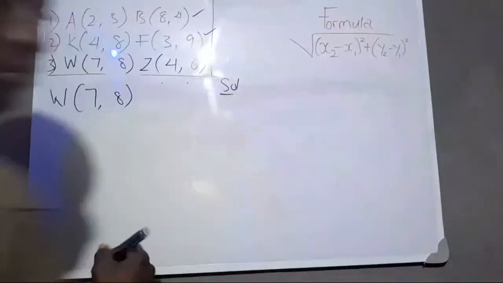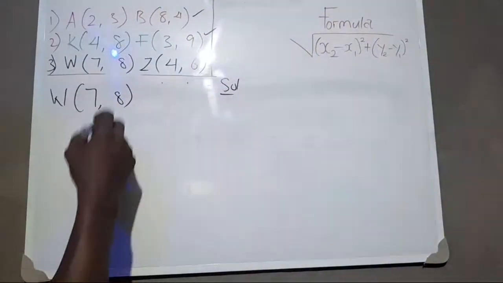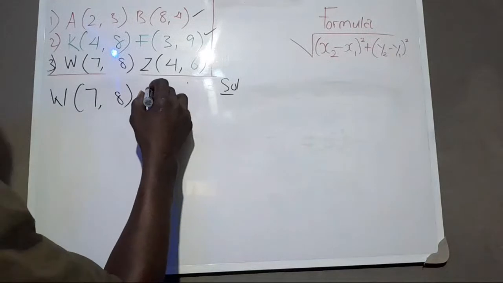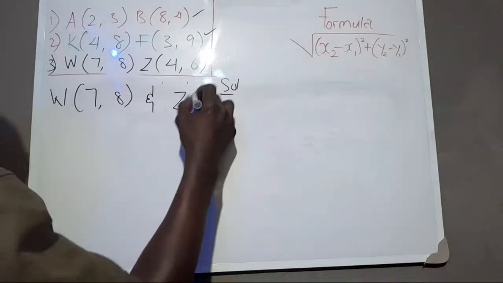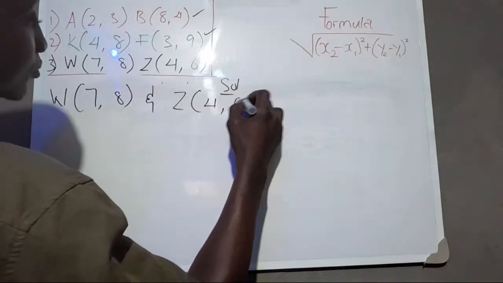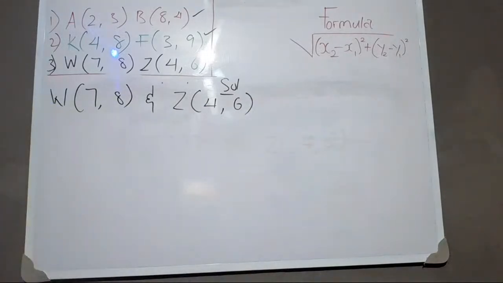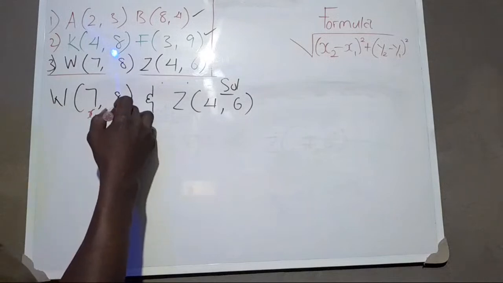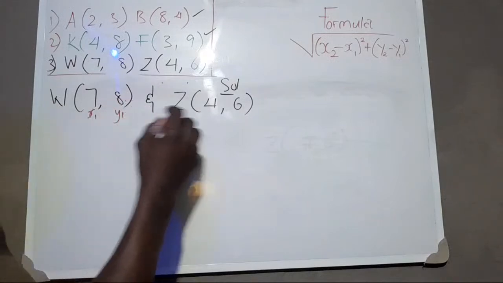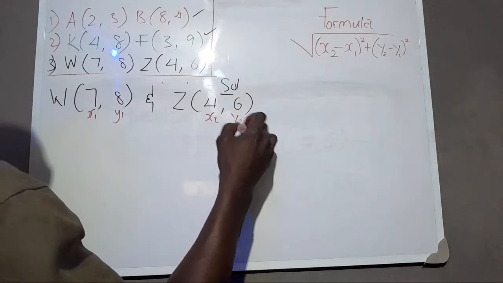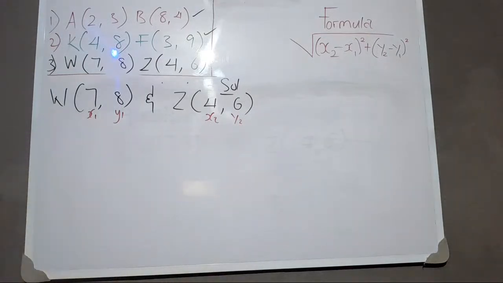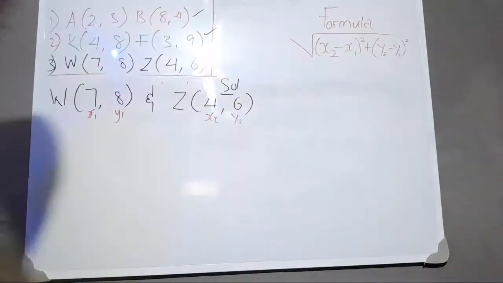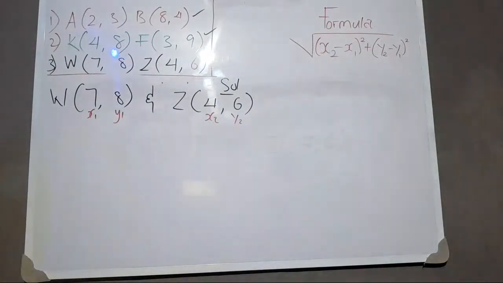So we have points, and we have point Z. So we have x1, y1, x2, y2. So we can say, I believe we are all together.